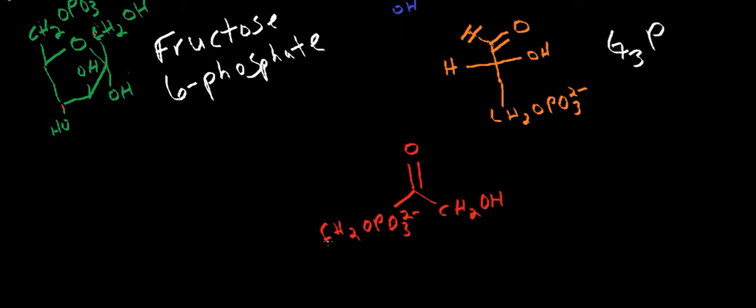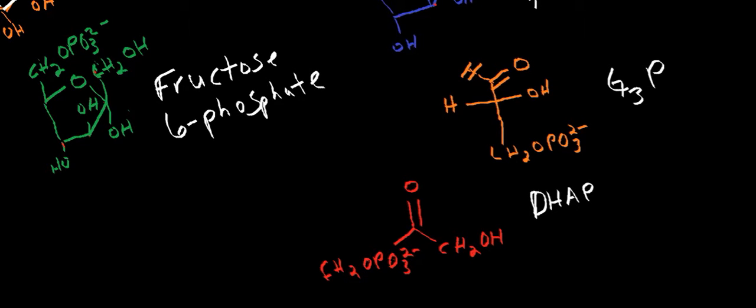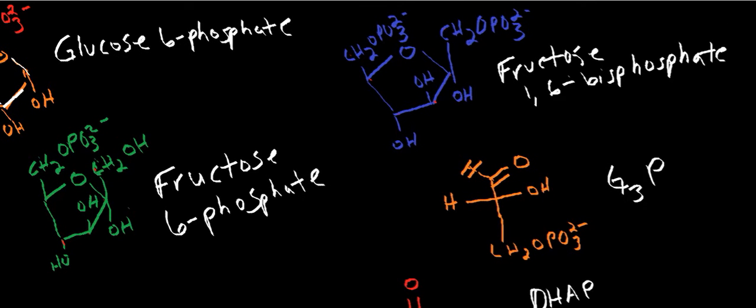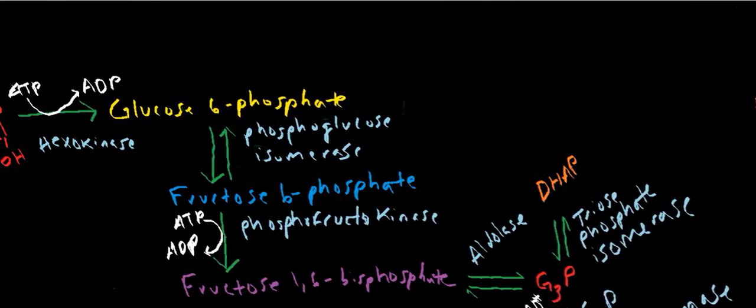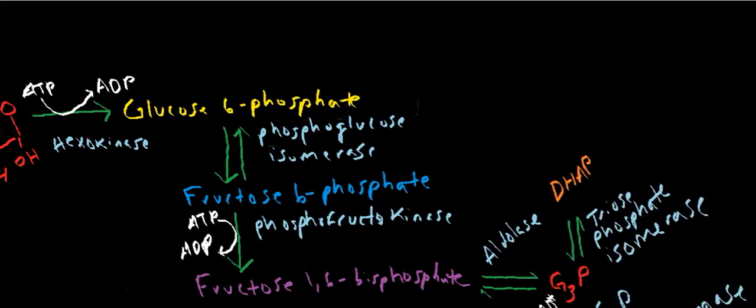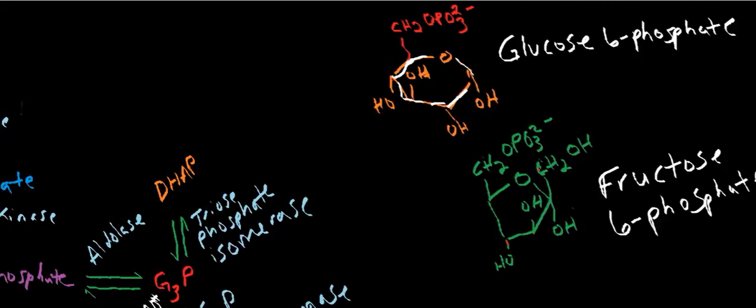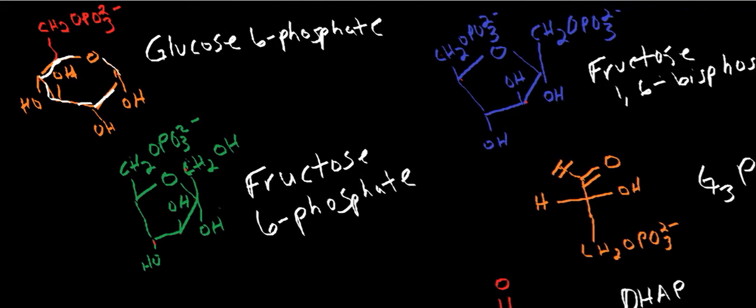CH2. Alright. And that is DHAP. Okay. So again, here are the structures. They go in order. So you have your glucose molecule, which I've drawn for you over here, which goes to glucose 6-phosphate.